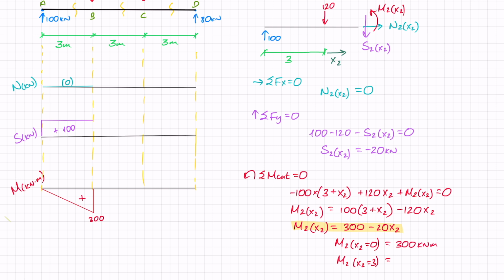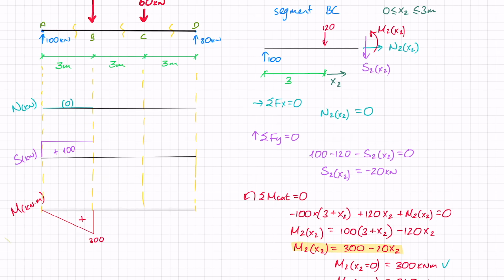And when x2 equals 3, I get 300 minus 20 times 3, so that gives me 240 kilonewton meters. Now the 300 makes me very happy because I see that I ended at point B from my previous segment at 300. I have 300 again, so there's no jump, which is exactly what I'm expecting.